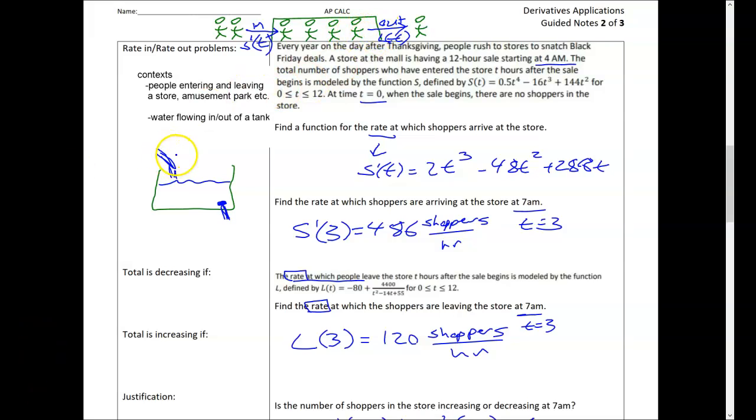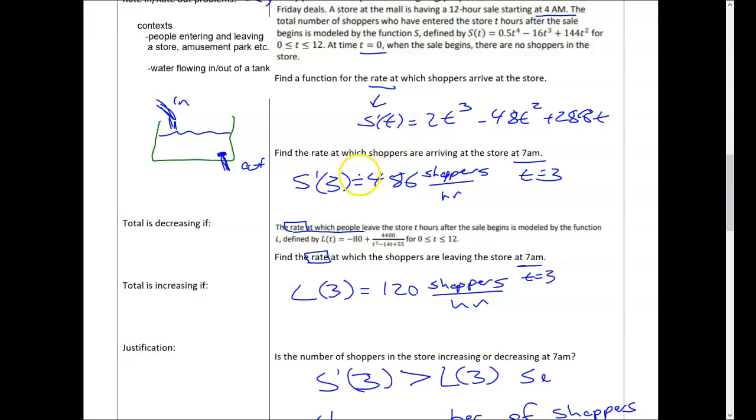So for example, in our little bathtub problem here, if the water coming in is faster than the water going out, the water level will be going up, right? Whereas if it was the other way around, the water going out was faster than the water coming in, my water level will be going down. So that's the logic here. My total is decreasing if out is bigger than in.